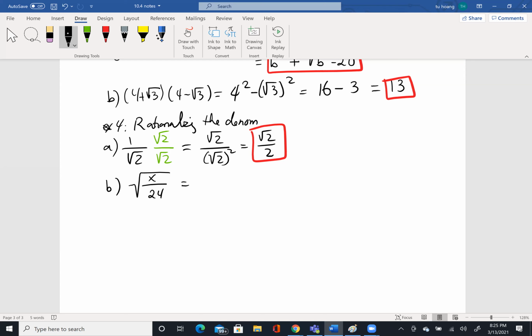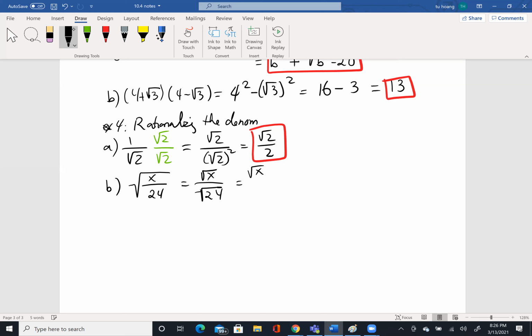For this one, you can apply the quotient rule and split it to become square root x divided by square root of 24, right? But remember that at the bottom right now, you still have square root 24. At the bottom here, you can also factor. Try to simplify first.